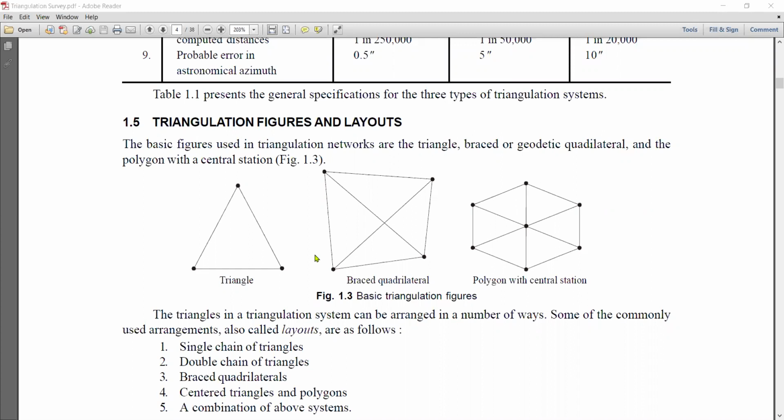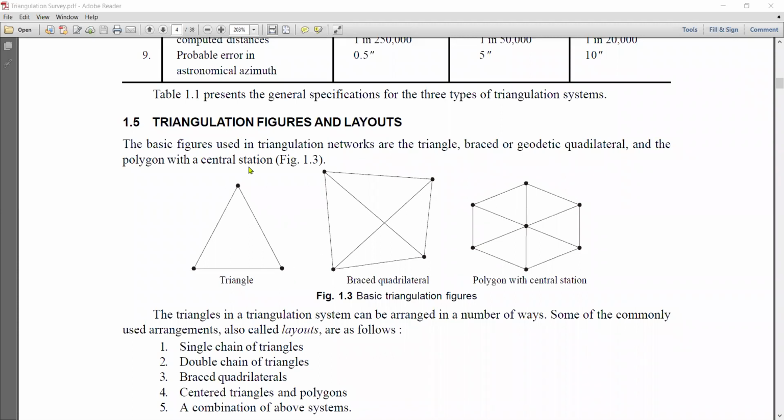In the same way, a quadrilateral has four station points. And in the polygon with a central station, you can observe the central station along with six different stations at the corners of the polygon.